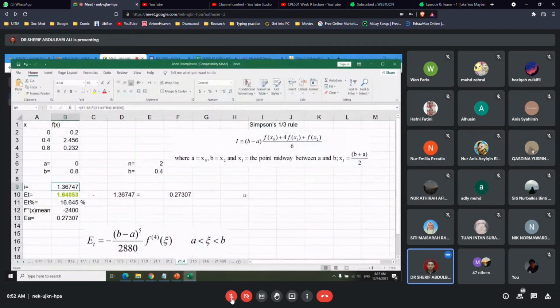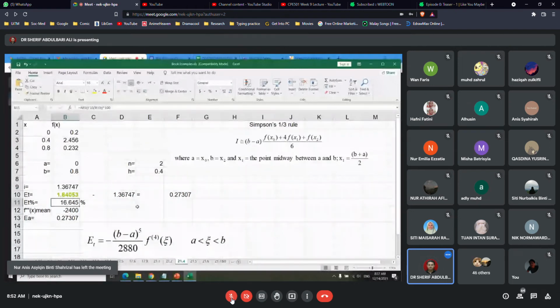Okay, of course, we already have the true value. So the true value minus this result, you get the error. So no problem with that. But now, if you compare the relative error, you can see from here that a single segment of Simpson 1/3 is giving you 16.6% relative error.